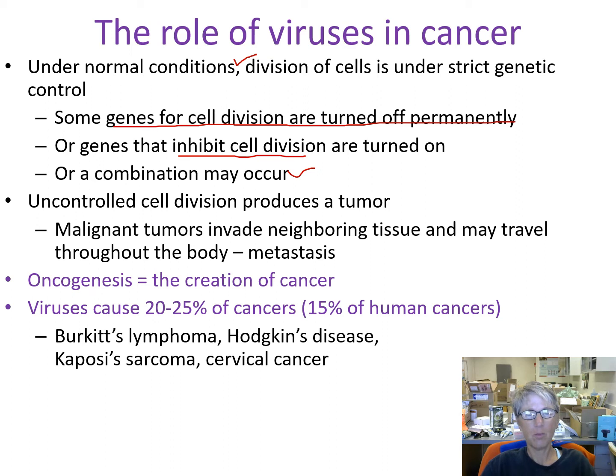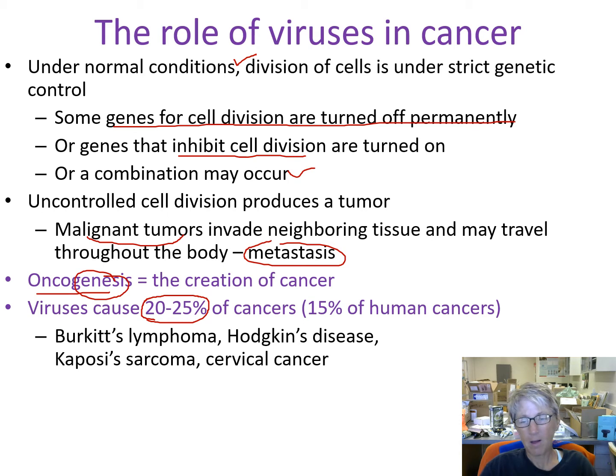Uncontrolled cell division produces a tumor, and if you are a malignant tumor, that means you can invade neighboring tissue and travel throughout the body. If you travel throughout the body, that's metastasis. You've probably heard these terms. The creation of cancer is oncogenesis, so genesis is creation. And it's interesting that viruses cause 20 to 25% of all cancers in the animal world, so us as human animals and other animals.